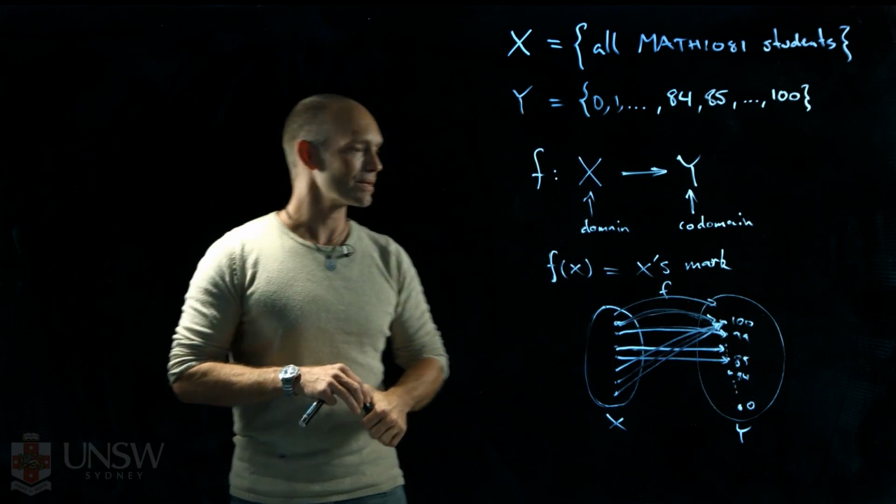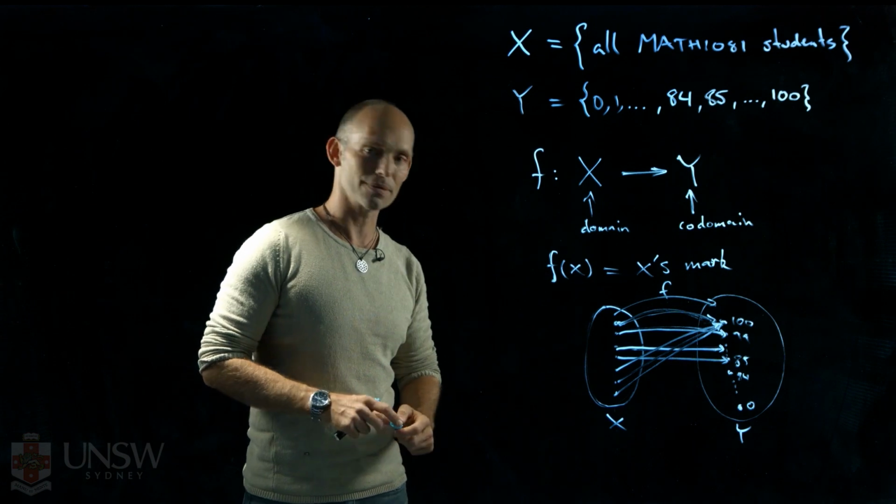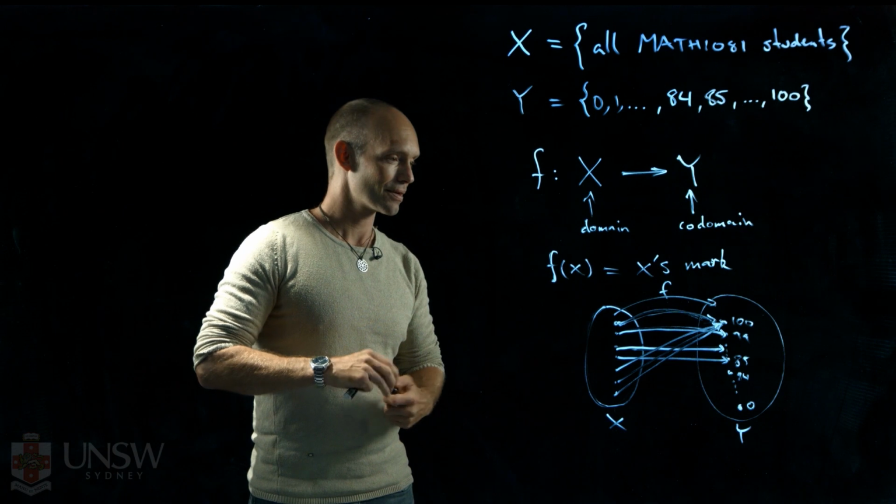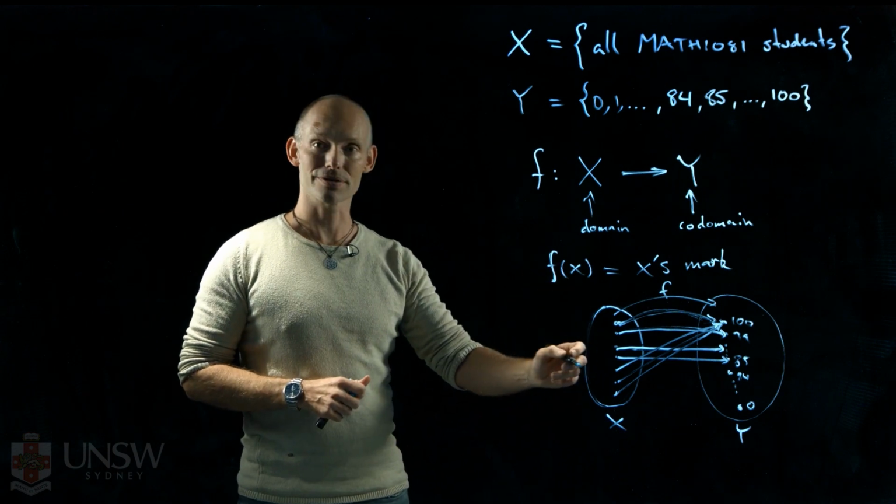Now, if you look at that diagram, that represents a subset of the total Cartesian product x times y.